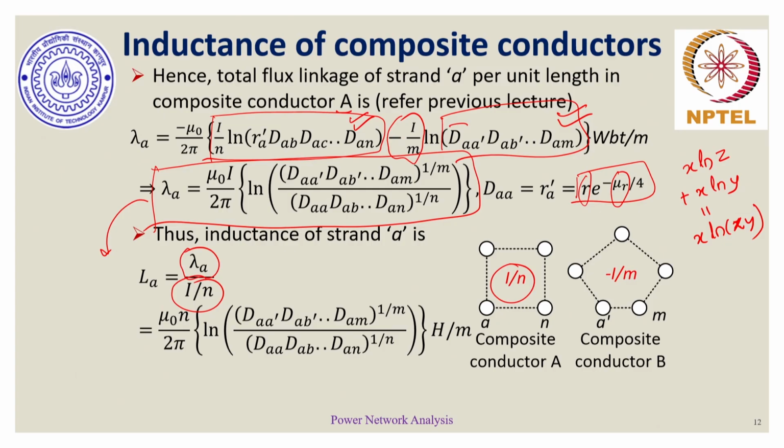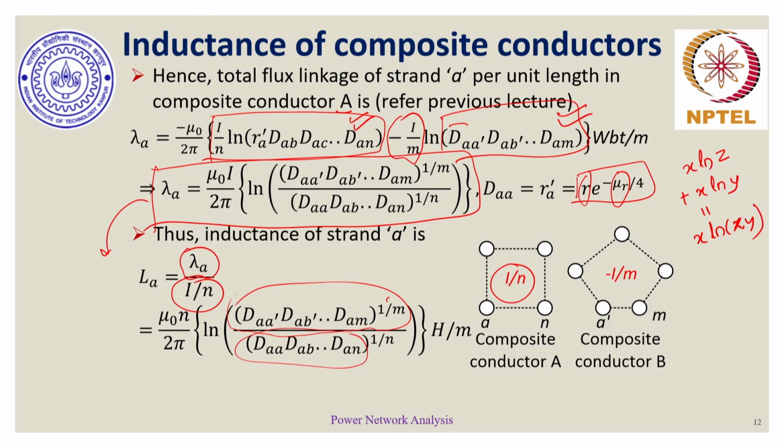We will first understand how the expressions come in, which is important, and then we will find simpler ways of evaluating actual inductance expressions while minimizing the complexity of evaluating these distances and taking their roots. 1 by M is the Mth root of the expression here, whereas 1 by N is the Nth root of this particular denominator product or distance product.